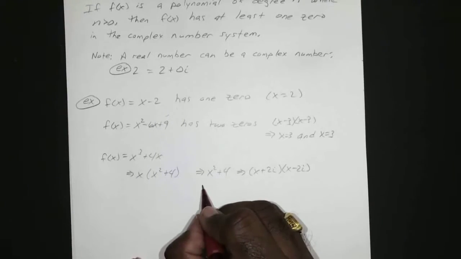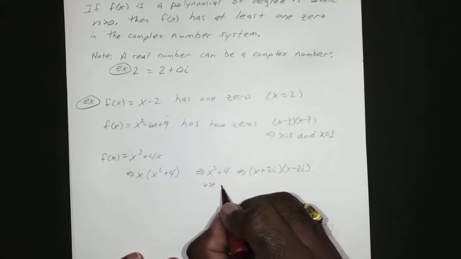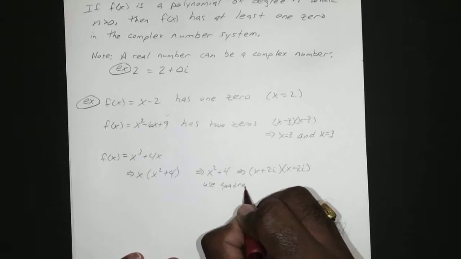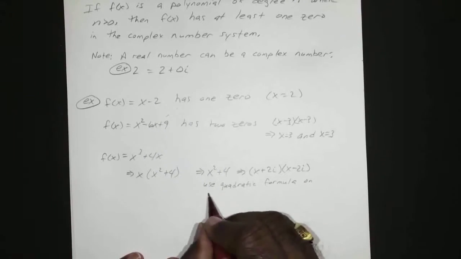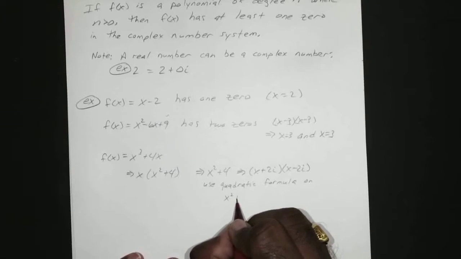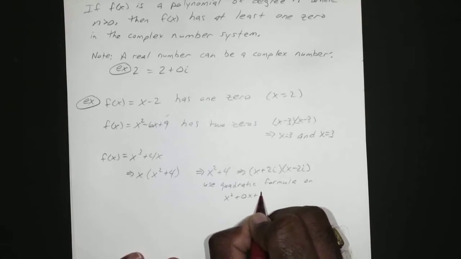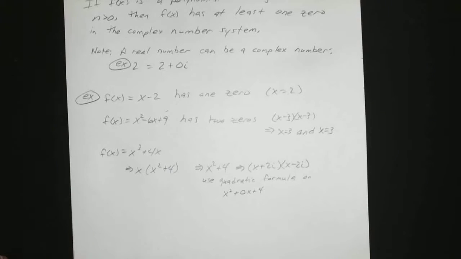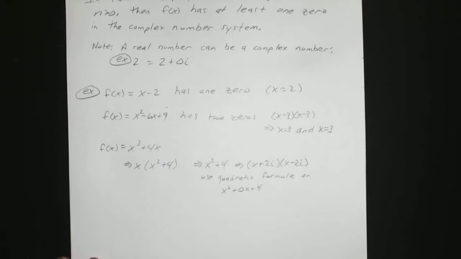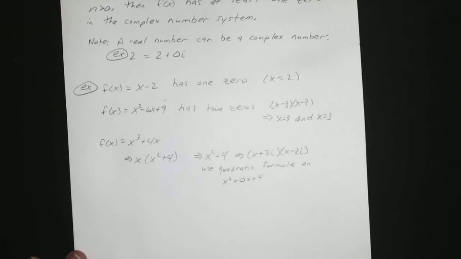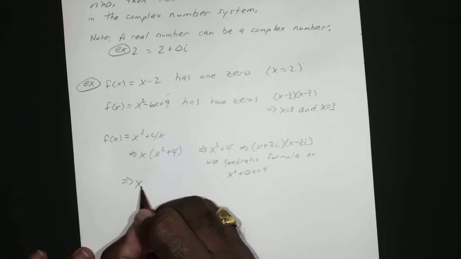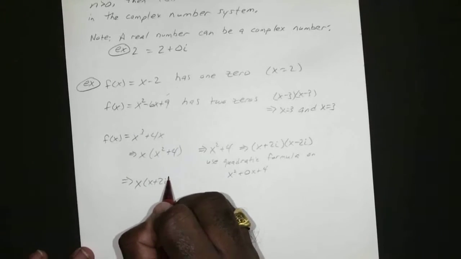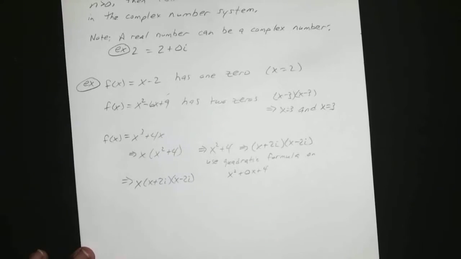Let's say you use the quadratic formula. That's usually the go-to. Take x squared plus 0x plus 4. That would give you negative b plus or minus the square root of b squared minus 4ac, and that's the answer you would get. So you'd actually have x plus 2i, x minus 2i.